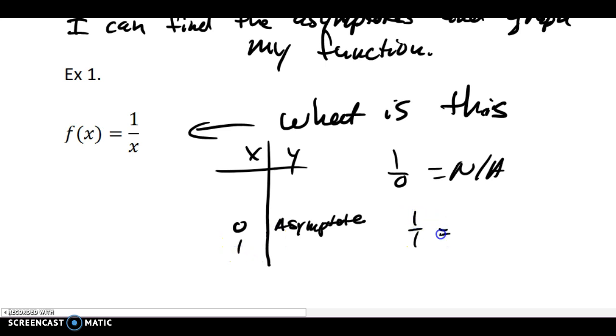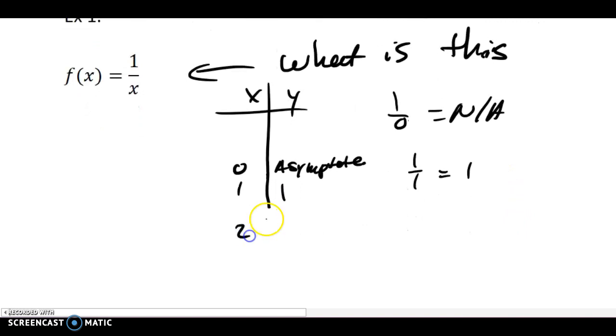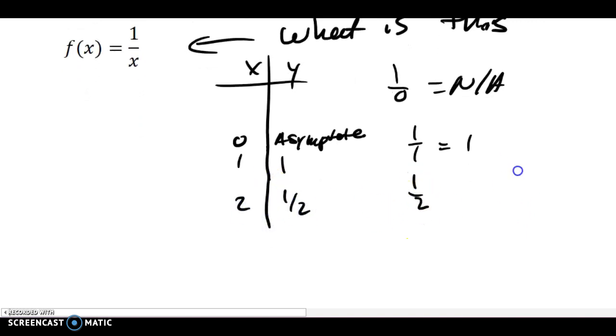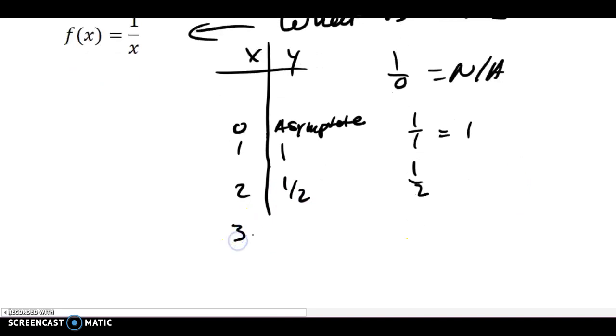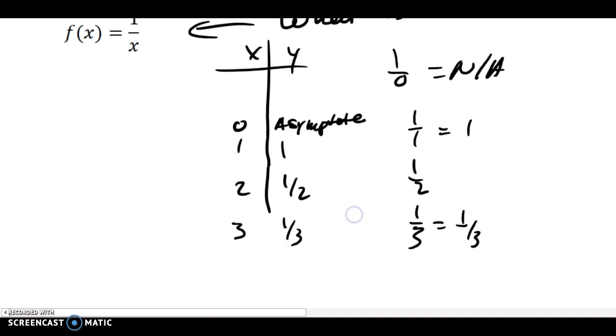So I get 1 over 1, which is 1. I'm going to put in a 2. I get 1 over 2, which is a half. Then maybe you can see the pattern already. When I put a 3 in, I get 1/3. If I put a 4 in, I get 1/4.